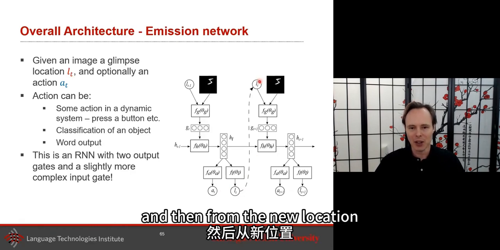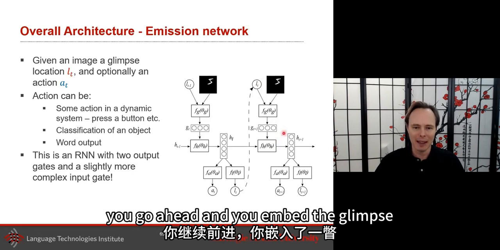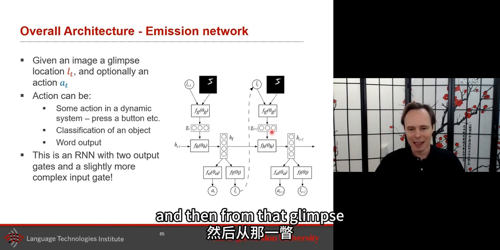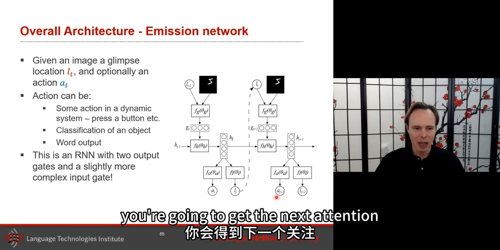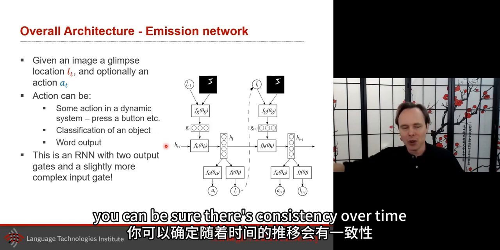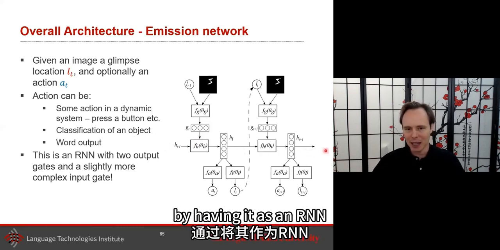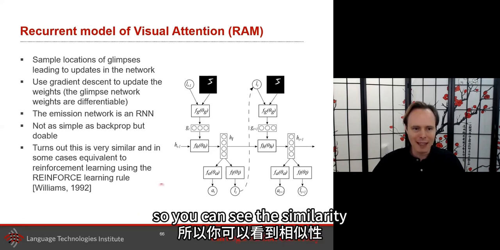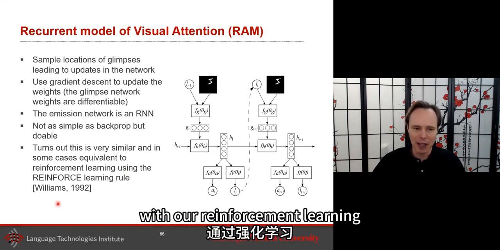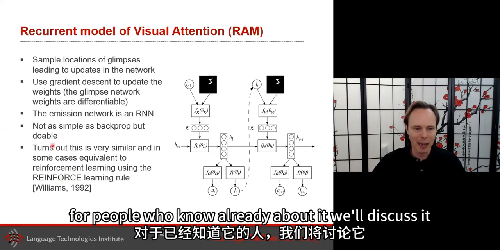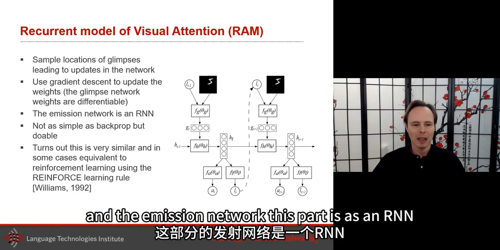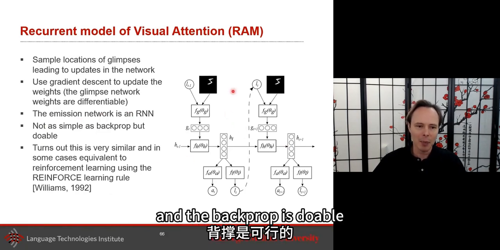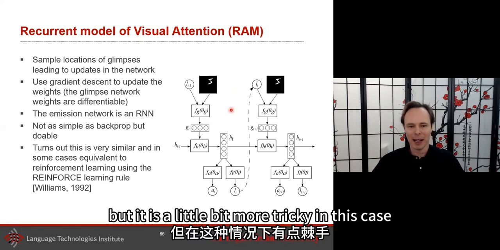And then from the new location, you embed the glimpse, and from that glimpse, you get the next attention. At the end, you can ensure there's consistency over time by having it as an RNN. That's what the RNN here is. So you can see the similarity with reinforcement learning, for people who know about it already; we'll discuss it. And the emission network, this part, is an RNN. And the backprop is doable, but it is a little bit more tricky in this case.